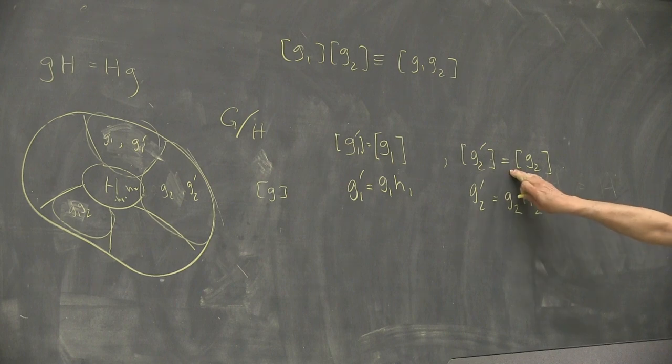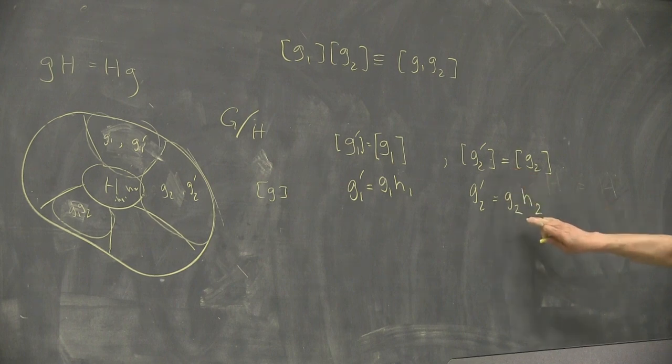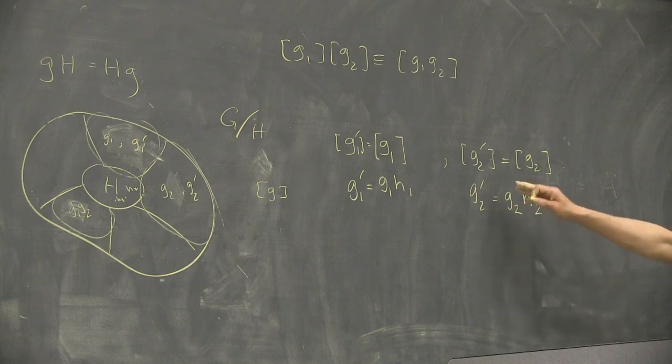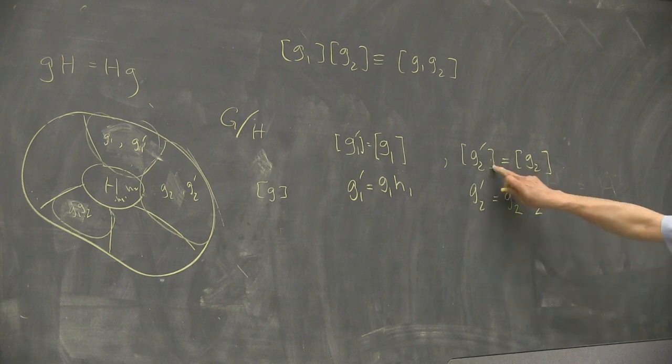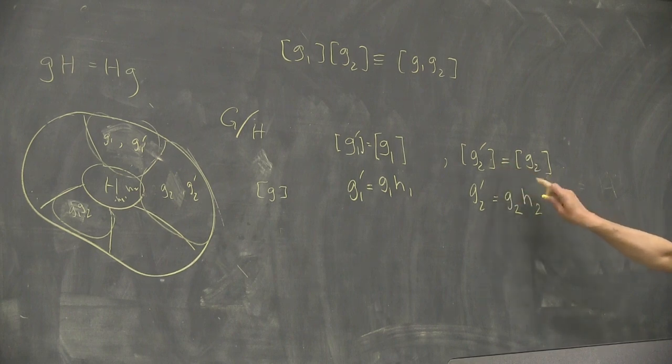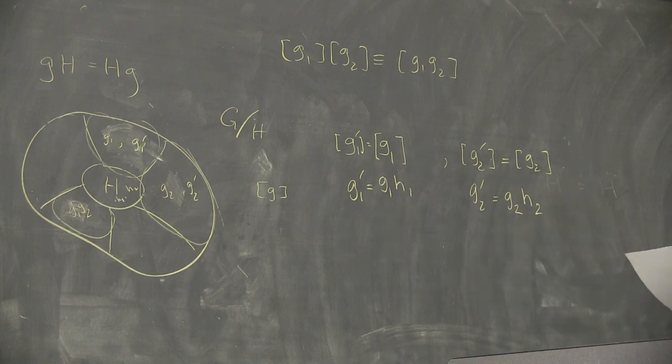This means that if you have this for some element H2 within the normal subgroup, then G2 prime sits in the same coset as G2, which means these two different group elements characterize the same coset. Okay? Similarly for that over there.